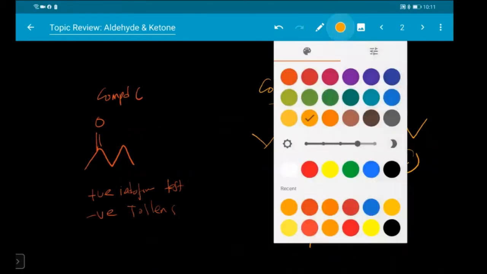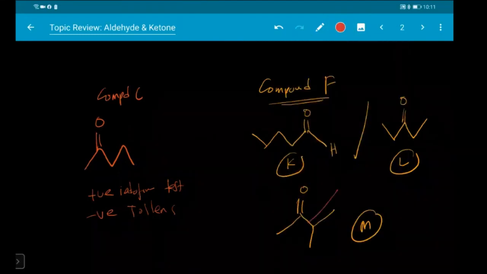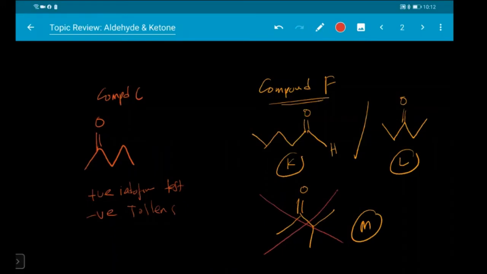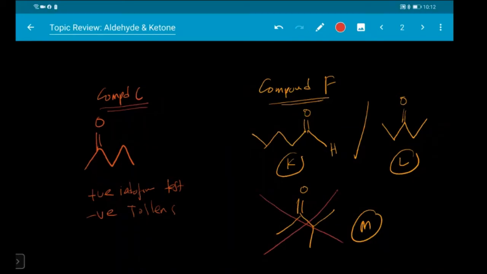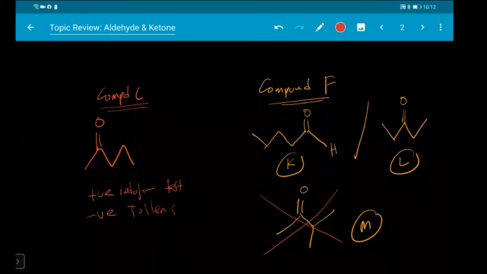Kenapa M ni tak boleh diterima? Tadi jawapan kat atas tadi kita ada huruf K, A, B, C, D tu kan. Saya tukar huruf dia K, L dengan M. Tak nak confuse dengan grup C ni. Sebab ada methyl group.